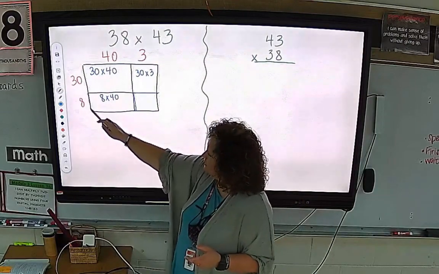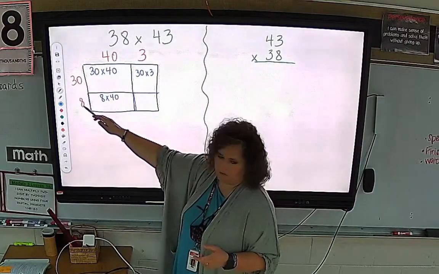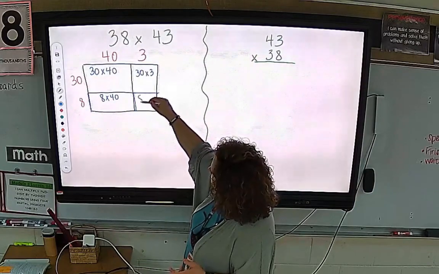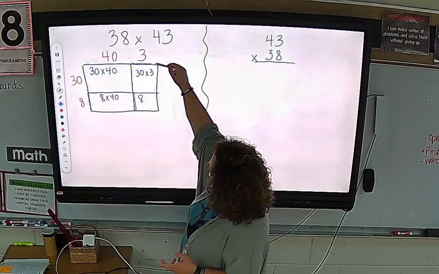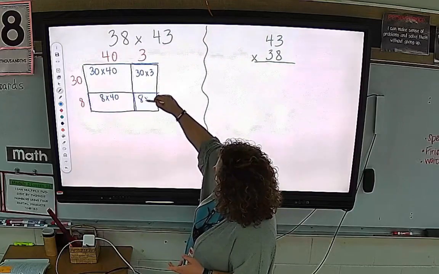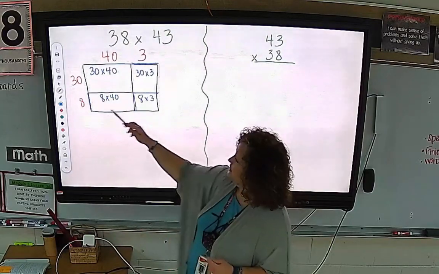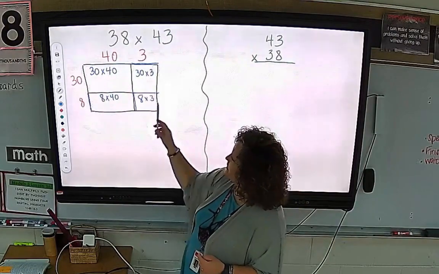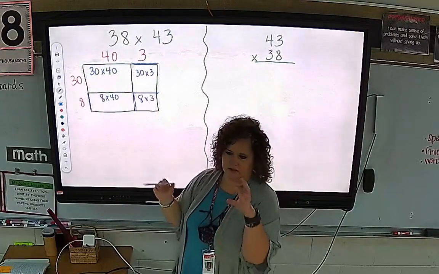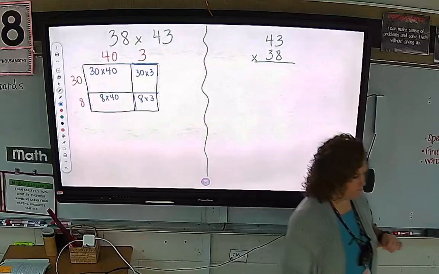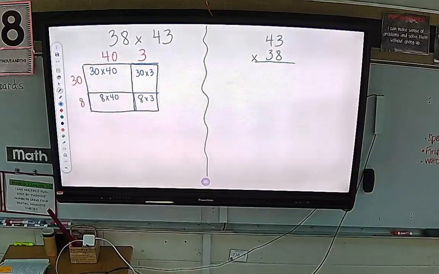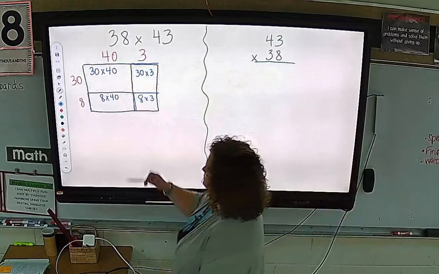What's the length here? 8. And what's the width here? Okay, 8 times 3. The way I line up my numbers, the ones place, this tends to be the smallest problem. It's because it's both ones place numbers. All right, go ahead and put your answers in there.